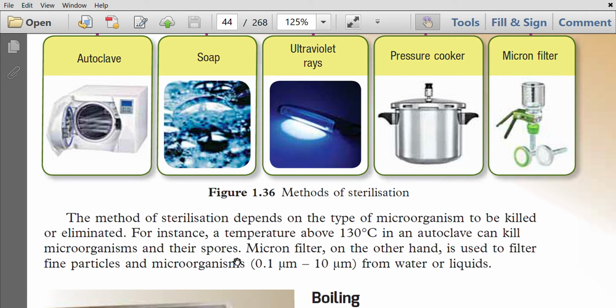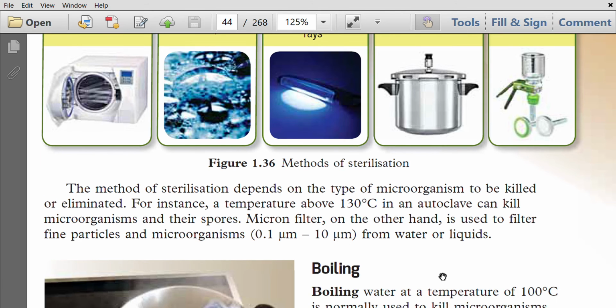Spores are like seeds, biji dia. Micron filter, on the other hand, is used to filter fine particles and microorganisms between 0.1 micrometer to 10 micrometer from water or liquid.